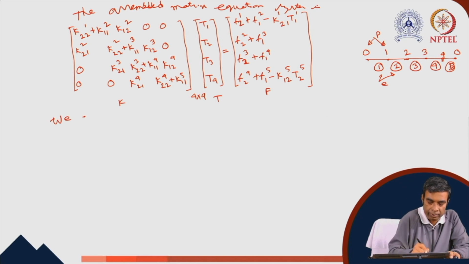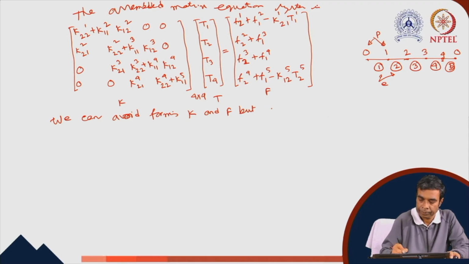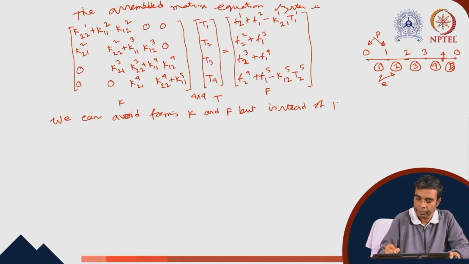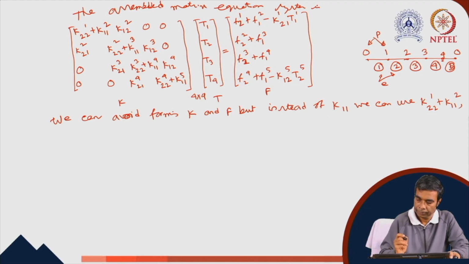We can avoid forming K and F, but instead of K11 we can use K^2_21 plus K^1_12.